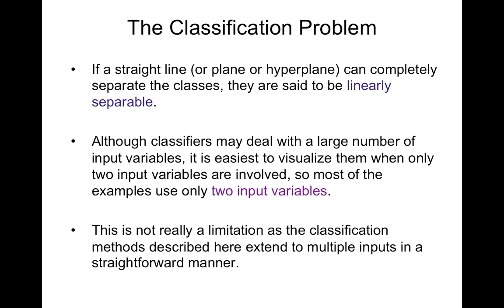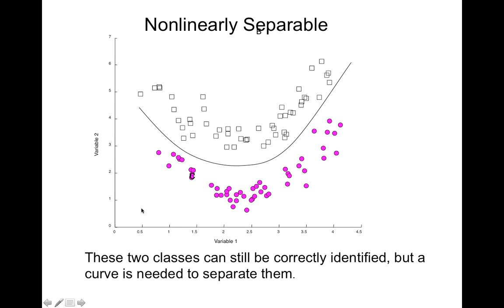Pattern recognition people would have a much better rule of thumb than I would, but basically you certainly don't want more than, say, 25% classifier variables or features of your total pool of test subjects. Now, there's not really a limitation on the variables, as the classifier methods described here extend to multiple inputs very easily.